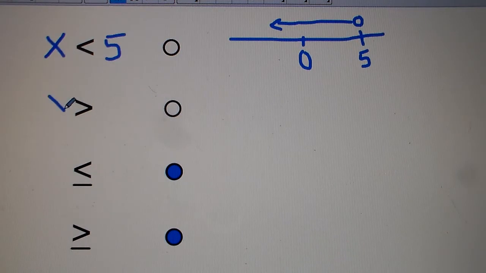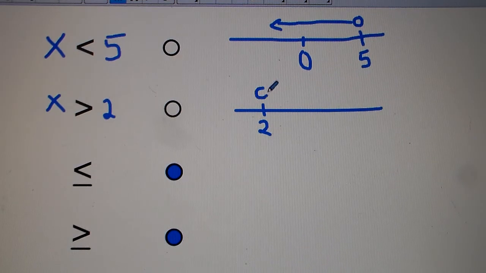Next one, let's say we have x is greater than 2. That's an open circle, so we put an open circle at 2, and all the numbers that are greater than 2 are to the right. That's how we would do that.